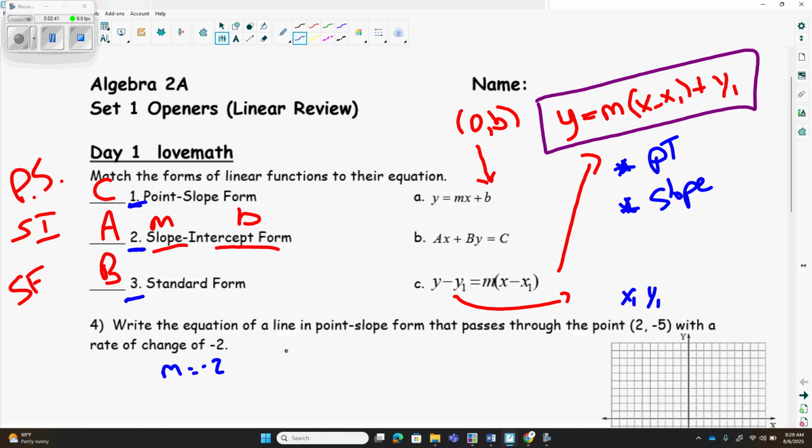So I'm just going to write down y equals -2 parentheses x minus 2 minus 5. Now it would be like a plus minus 5, but you don't need to write it as a plus minus, because when I'm plugging in the -5 right there, I don't have to do it. Okay?